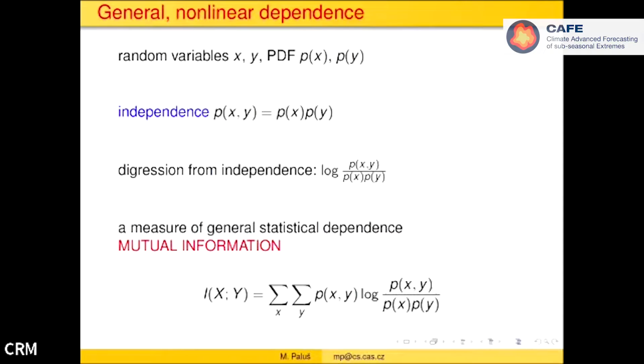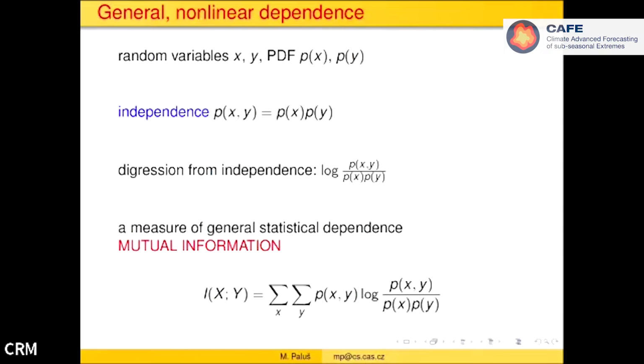If there is some dependence, this is different from 0. If we take this expression and average over our probability space, we get a measure of deviation from independence, and this measure is known in information theory as mutual information.